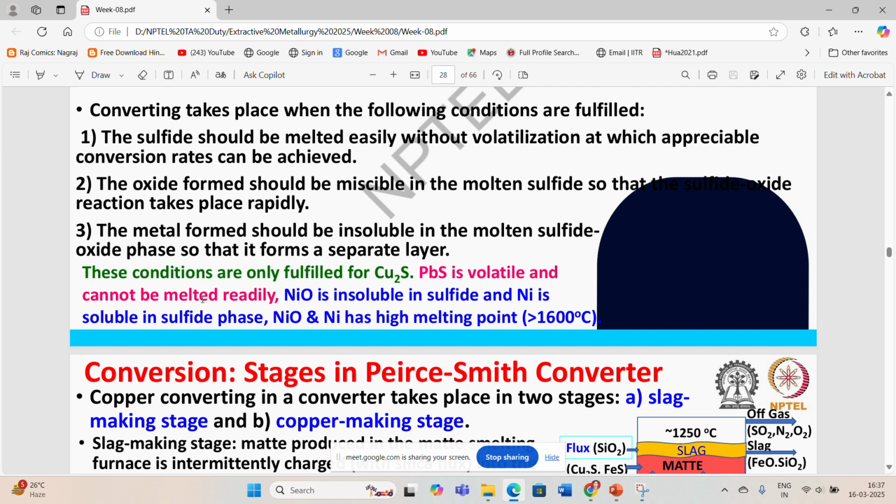Then there is nickel oxide, which is insoluble in sulfide, and Ni is soluble in the sulfide phase. NiO and Ni have a high melting point, around 1600 degrees Celsius.